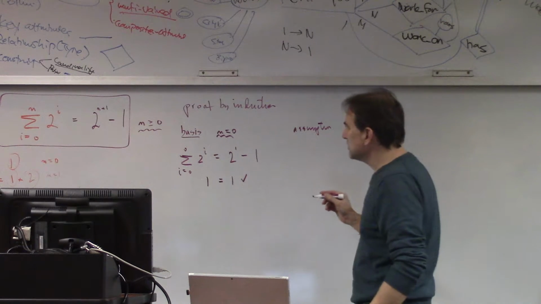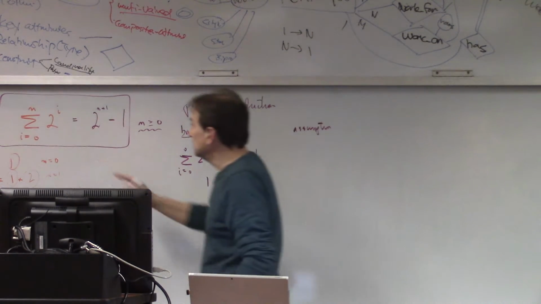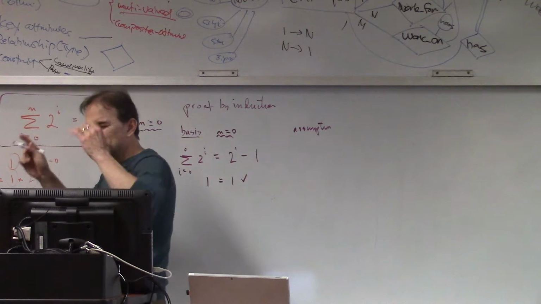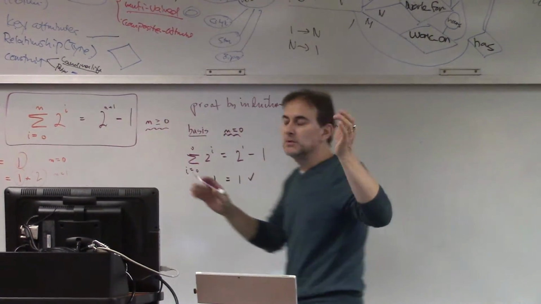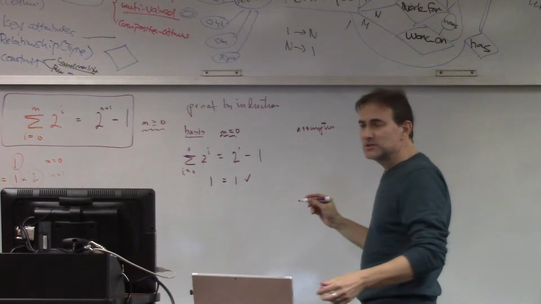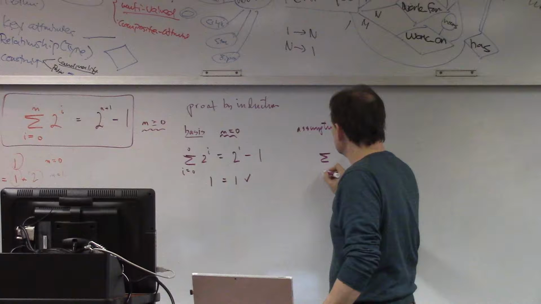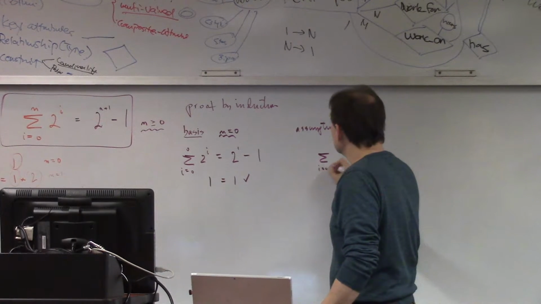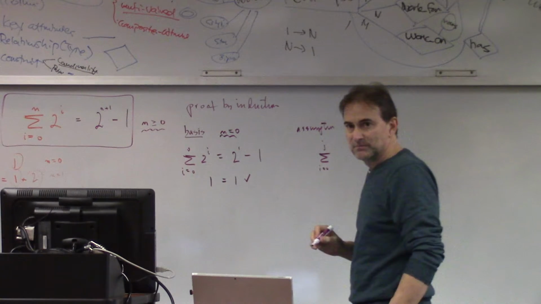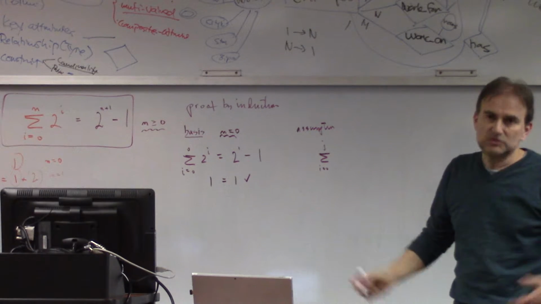So for the assumption, I'm going to take this n out, because n is the general n and could be whatever we want, and replace it with another variable. Let's assume that the summation as i goes from 0 to j of 2 to the i equals 2 to the j plus 1, minus 1. Why j? Why not? j, k, you name it.